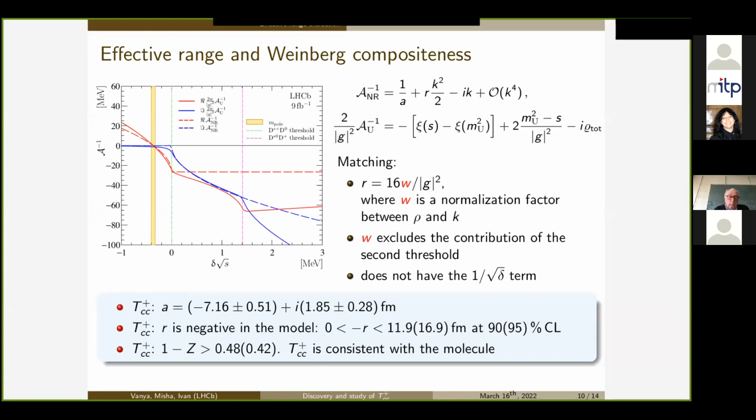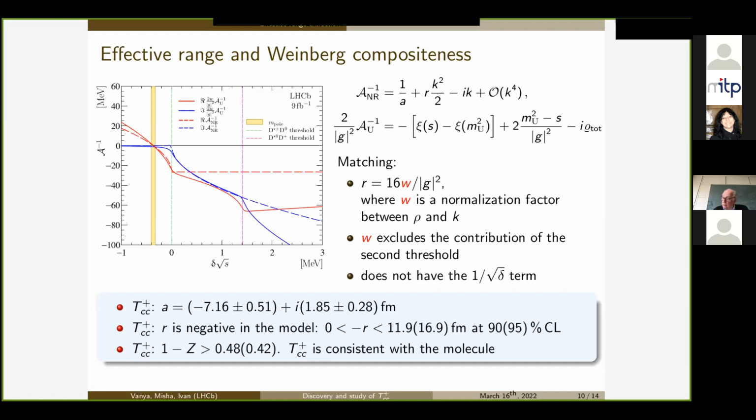The only thing we can set is the upper limit for this, which is around 12 or 17 Fermi. From these values, we can also get the Weinberg compositeness, so 1 minus Z to be larger than half, which is consistent with the molecular hypothesis for the T_cc, if you will.